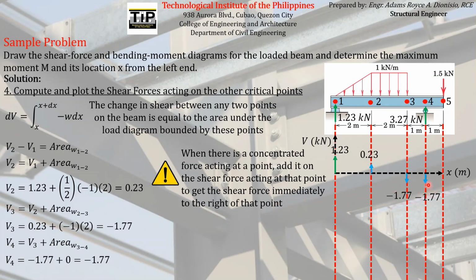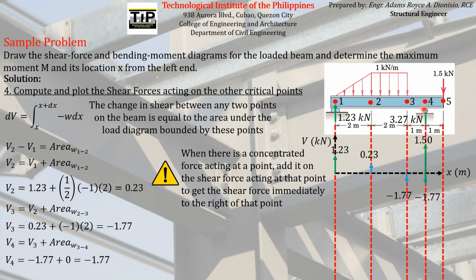So if we want to find the shear force immediately to the right of point 4, we just have to add negative 1.77 and 3.27, which will have a total of 1.50. So this 1.50 is actually the shear force immediately to the right of point 4.